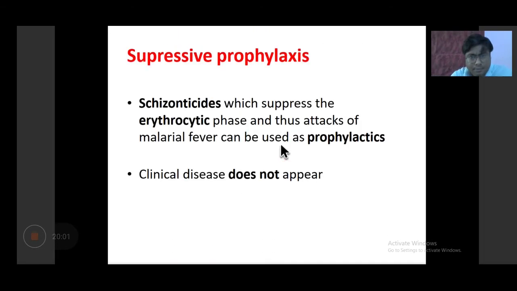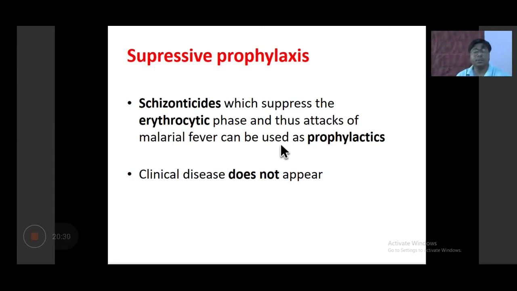Suppressive prophylaxis is something where the drugs suppress the erythrocytic phase. So you are giving drugs which are suppressing the erythrocytic phase, not pre-erythrocytic. So now it is suppressive. Thus an attack of malaria fever can be prevented and clinical disease does not appear. This is mostly given to people who are traveling to an endemic zone.